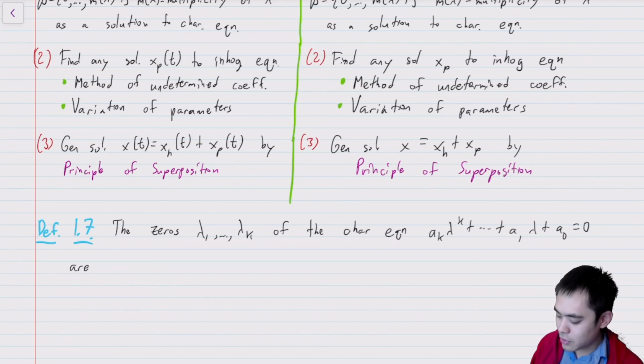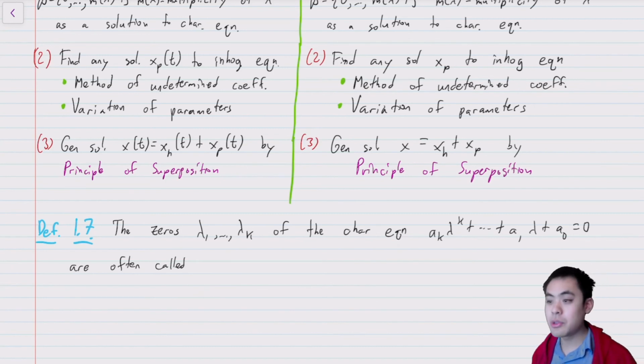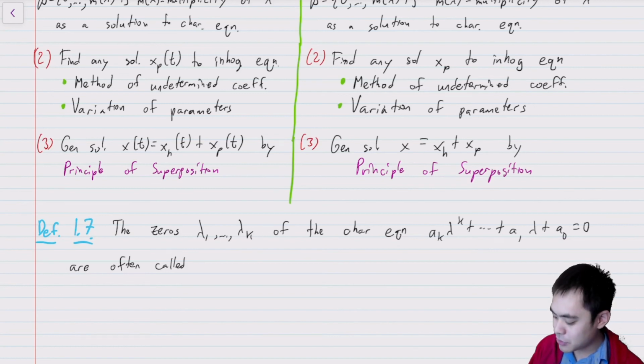These are often called eigenvalues for reasons that will become clear when we talk about systems of equations, because then that will actually be a matrix. And so these are the eigenvalues of some corresponding matrix, which is why we often call them eigenvalues.